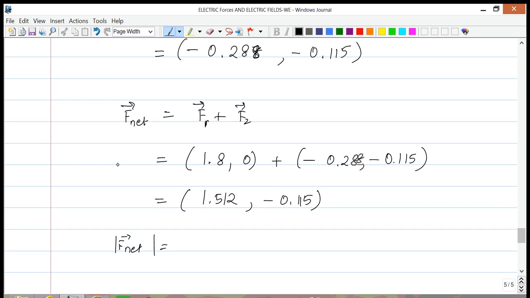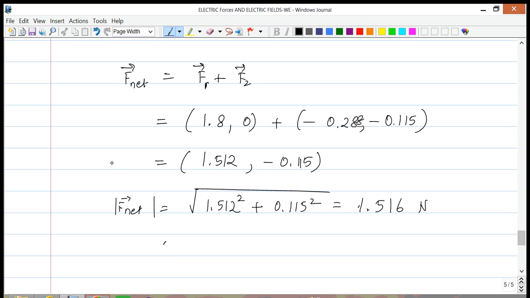The magnitude is equal to square root of 1.512 squared plus 0.115 squared. Okay, which happens to be about 1.516 newtons, and the angle theta is going to be equal to tangent inverse of 0.115 divided by 1.512.